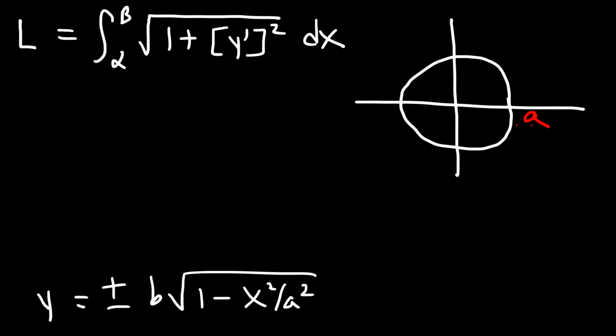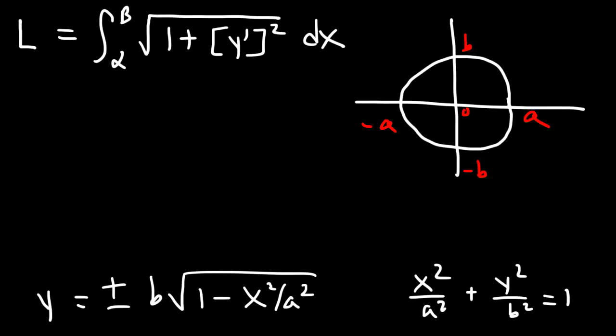So this is a, negative a, b, and negative b. And it correlates to this function, x squared over a squared plus y squared over b squared, which is equal to 1. And so what I'm going to do is integrate it from 0 to a. So this is going to give me the arc length of the first quadrant.